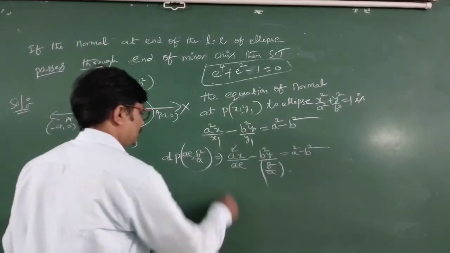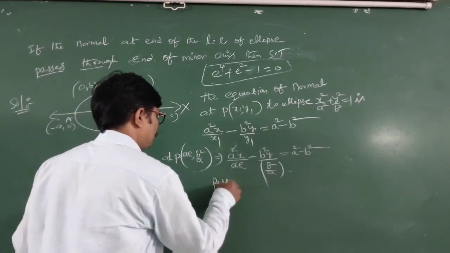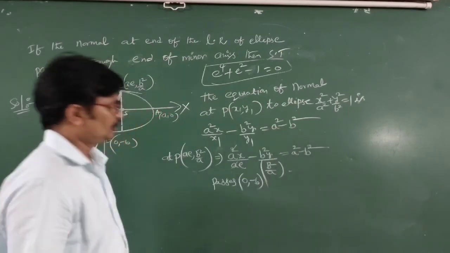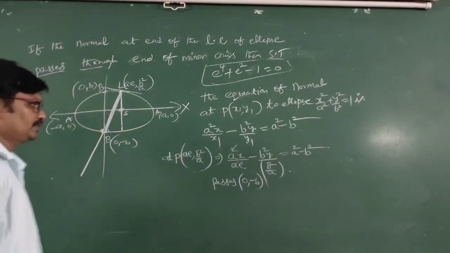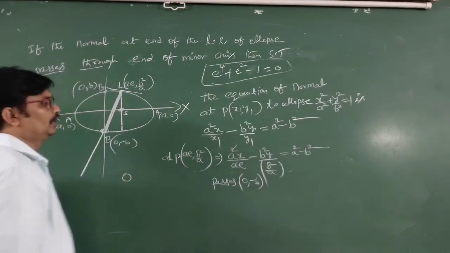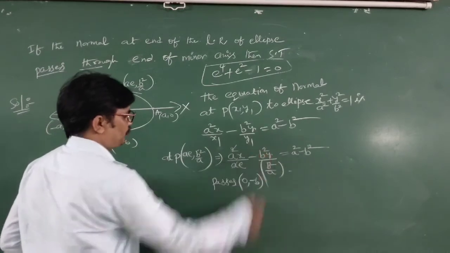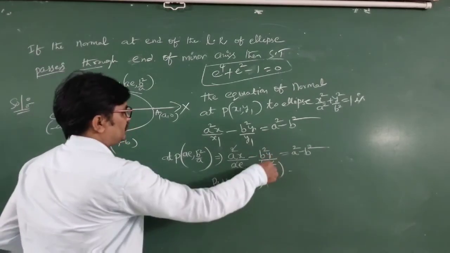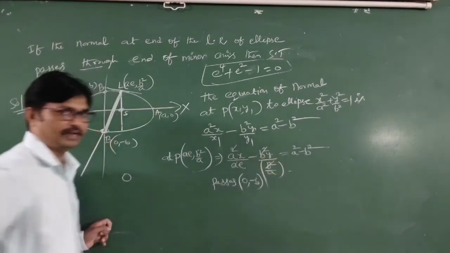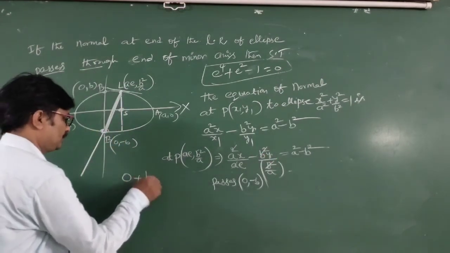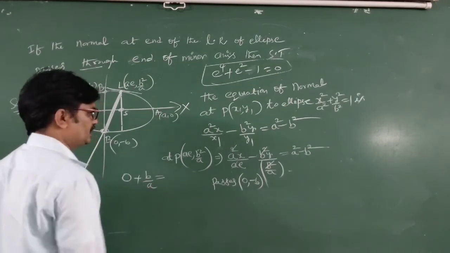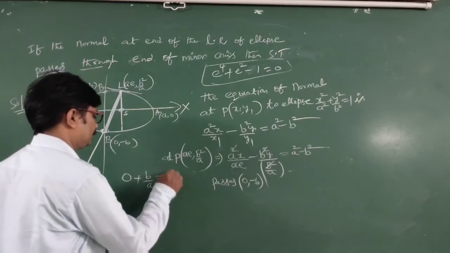So this passes through (0, minus b), and the x term is 0. Minus into minus is plus, the b square term is cancelled. Y is minus b, minus of minus is plus, so this is b by a, equal to a square minus b square.